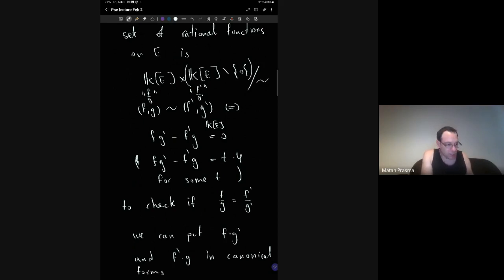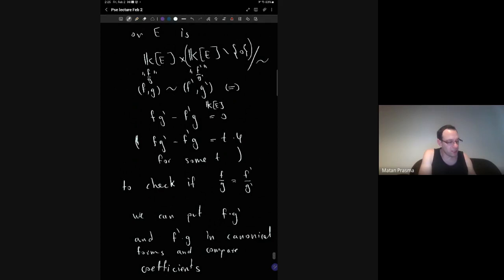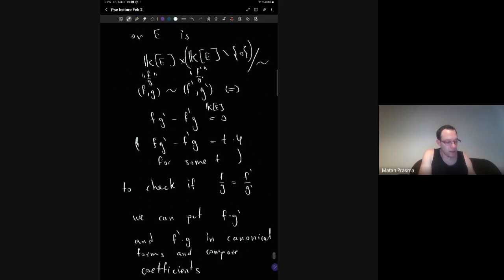And then it's just polynomials in one variable, plus y times a polynomial in one variable, and we can simply compare coefficients. All right. So this is a practical way to see if two rational functions on E are equal.